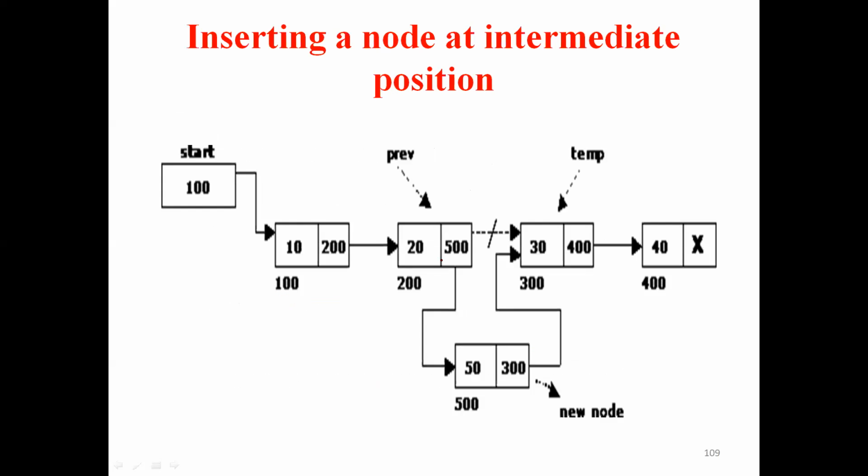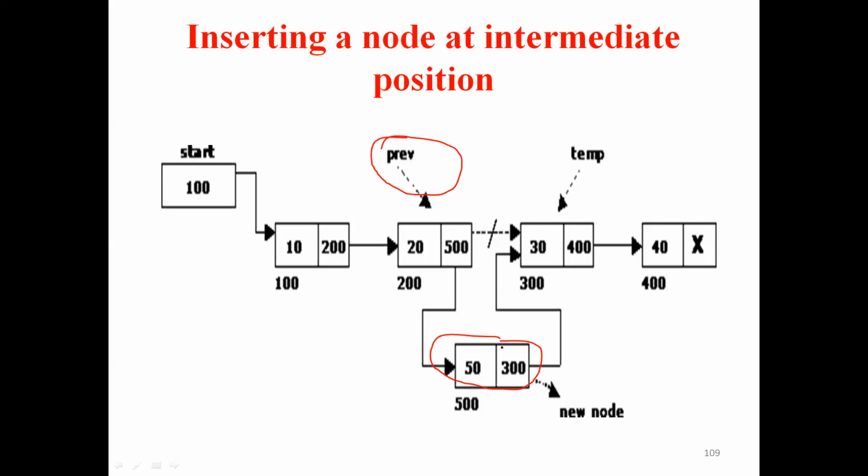Let us consider this scenario. I'm going to insert at the intermediate position. I'm going to insert after this node. The newly created node is 50, which is the data part.